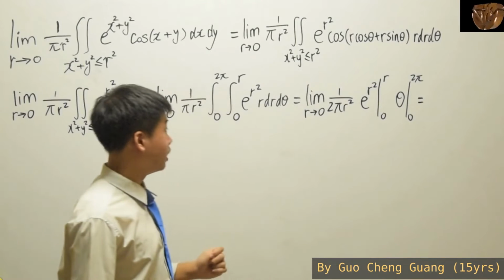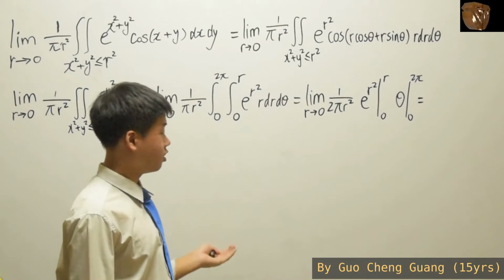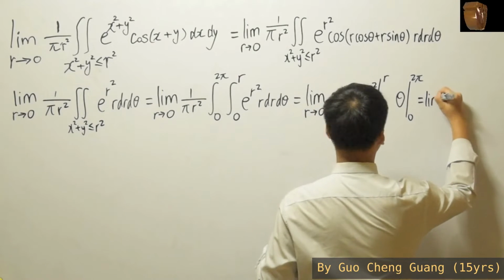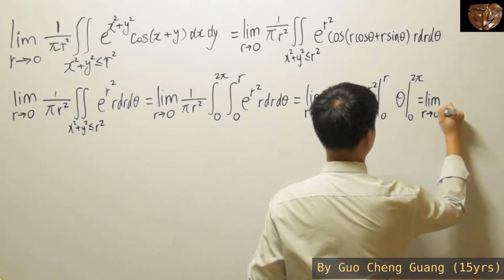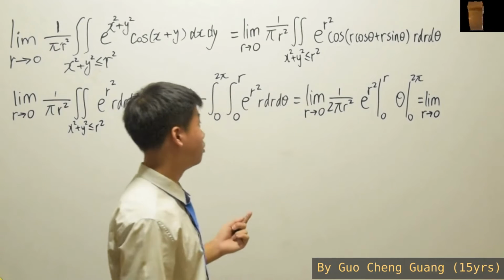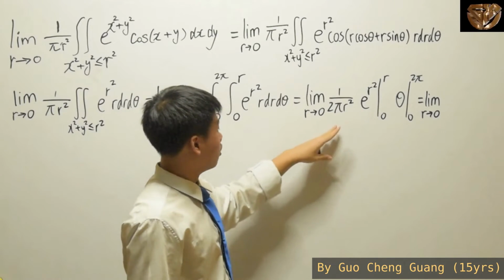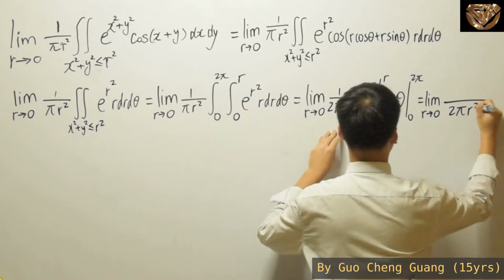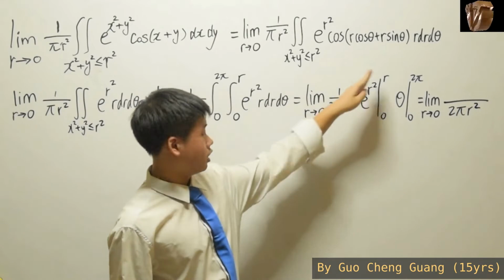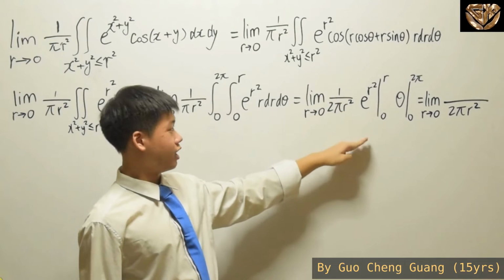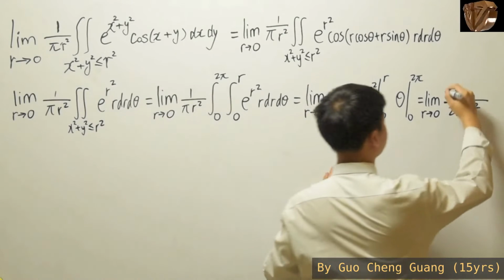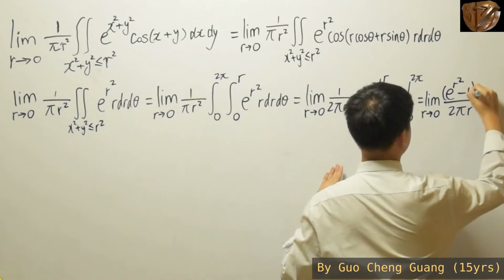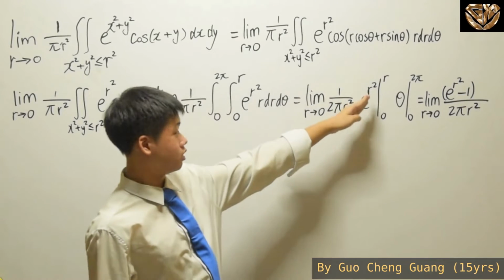for the next part, which we are just going to substitute the values in, we will have the limit as r approaches 0. So over 2 pi r square, this term, when you substitute in the two values, you will have e to the power of r square and then minus 1, since you substitute in 0, alright?